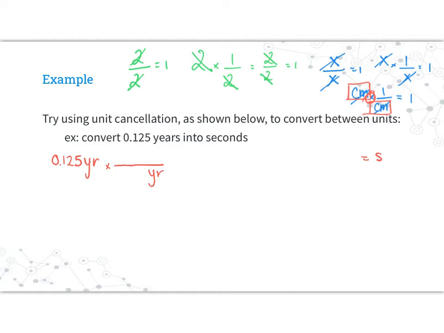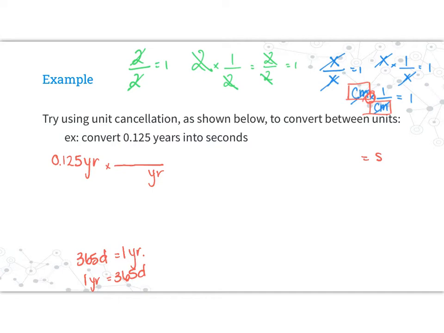Well, what do we know is smaller than a year? We could convert years into days. So we can say that 365 days is equal to 1 year. Or that 1 year is equal to 365 days. Obviously, these are the same thing. They just look slightly different in the way that I've written them. I can convert these into a fraction, or a ratio, if you will.